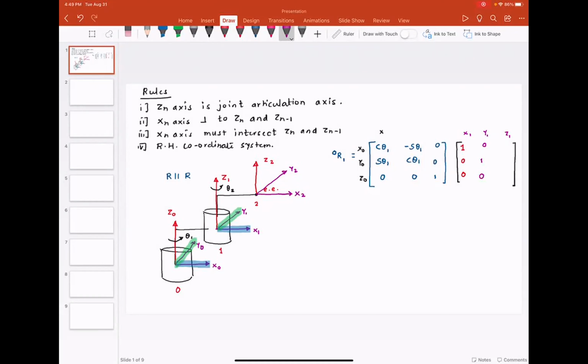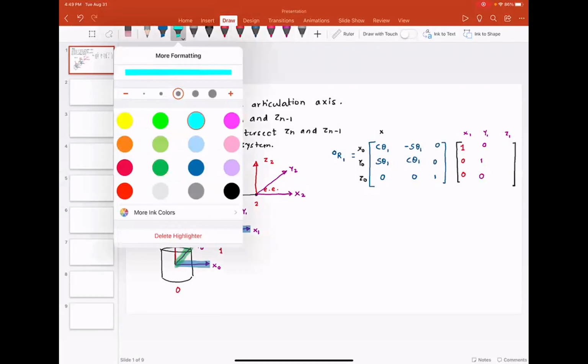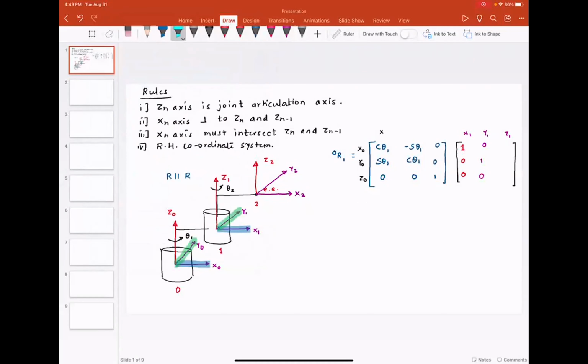And Z1 is parallel to Z naught. So I have 0, 0, 1. So what we have here is the projection of x1 onto x0, projection of y1 into z0. Everyone understood this?